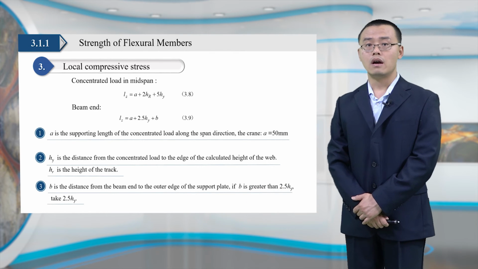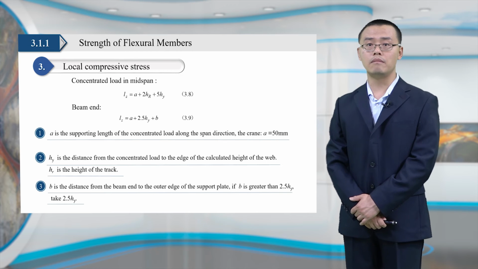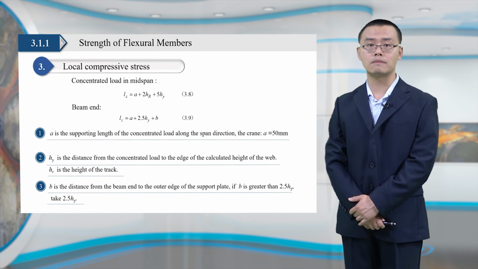Now you can see the concentrated load at mid-span is expressed as formula 3.8. At the beam end, it can be calculated as formula 3.9. A is the supporting length of the concentrated load along the span direction. For cranes, A equals 50 millimeters.